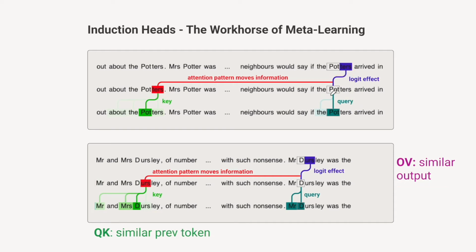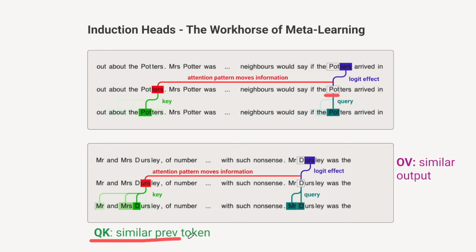The second hallmark of an induction head is that for this attention from pot back to ters, the key information is carrying the similarity to the previous token. So the previous token was pot, which is similar to where the attention is coming from.